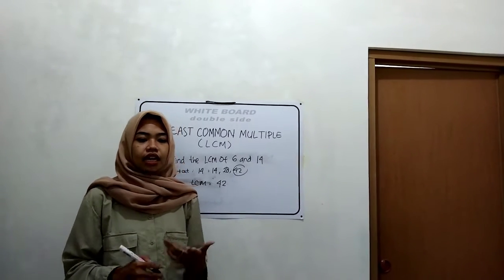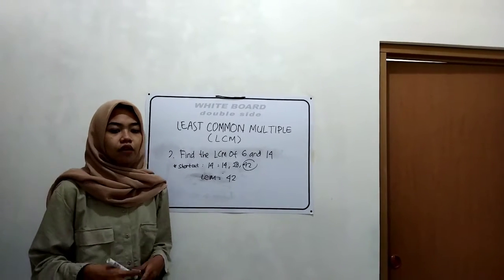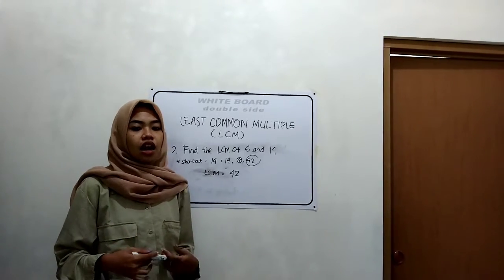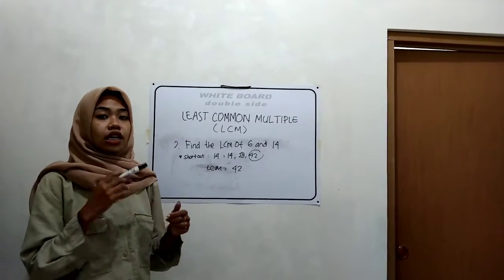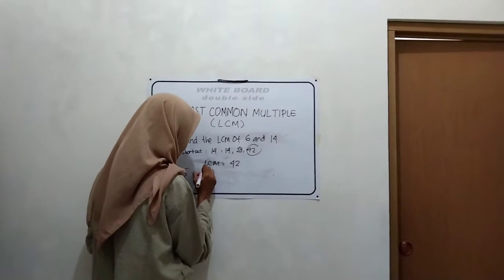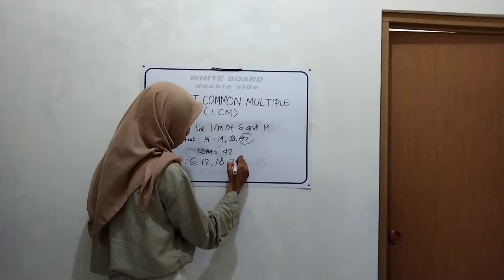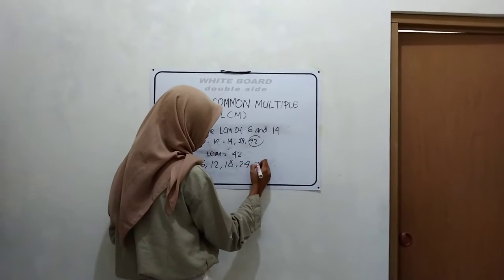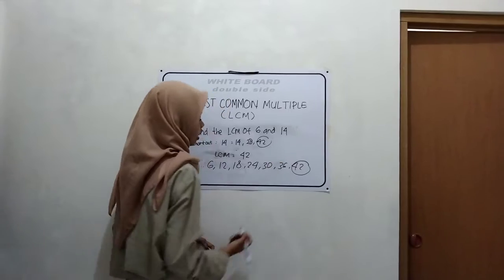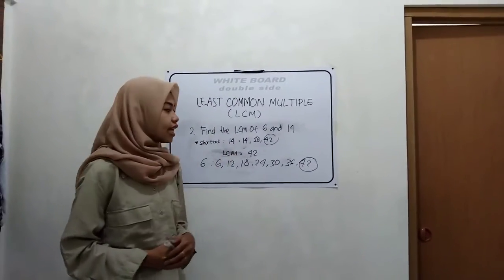Okay, if you're not quite confident, we can still list out all the multiples of 6 until we get up to 42. So 6 times 1 is 6, 12, 18, 24, 30, 36, and 42. So the LCM of 6 and 14 is 42.